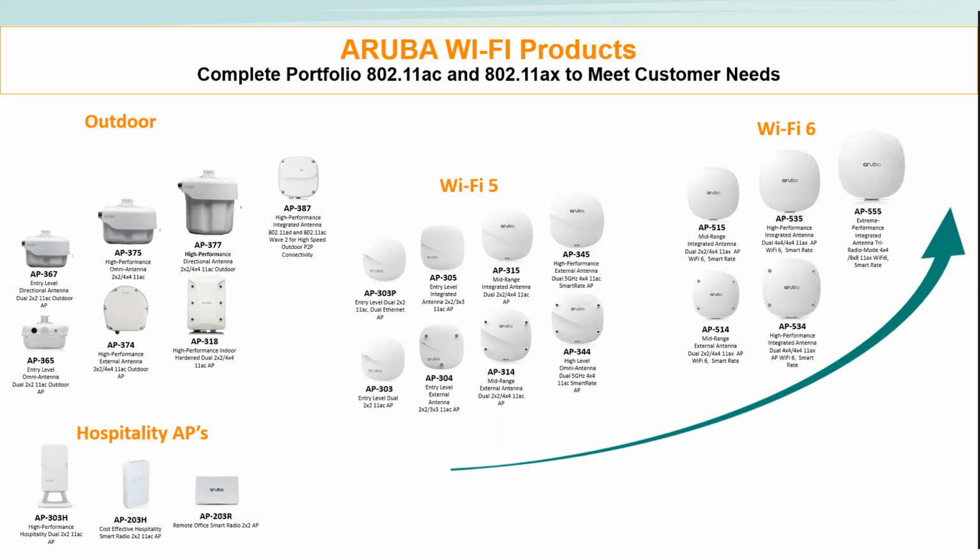Our AP 514 and 534 access points are going to be the external antenna versions of those. As you can see here, there isn't a 554, so there is not an external antenna version of that super high density access point. There's really only the antenna versions of the 34 and below.